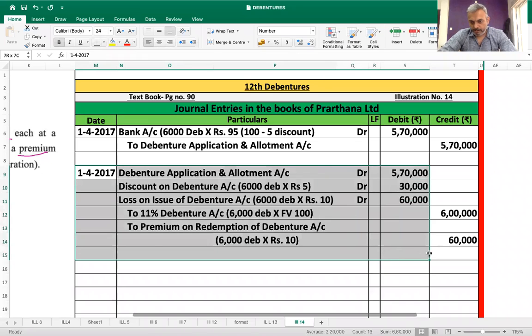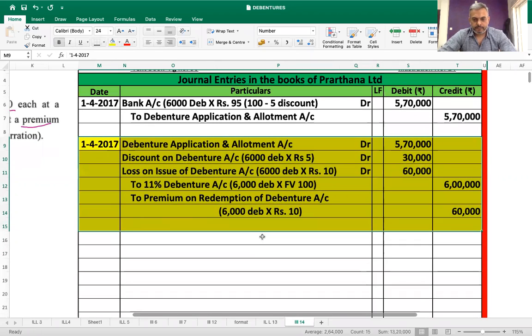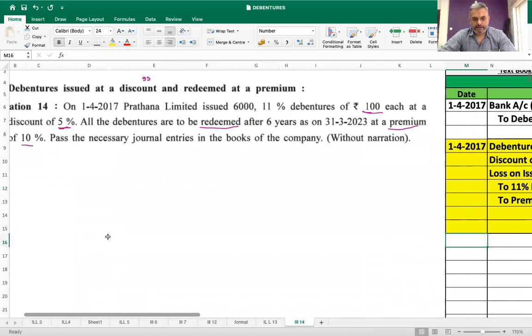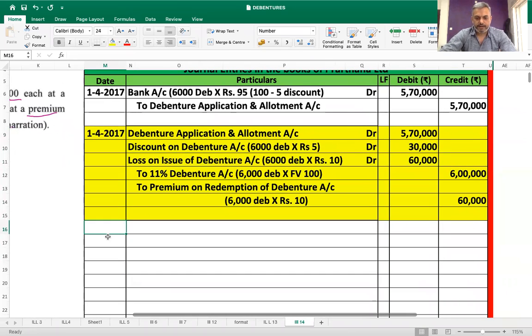Extremely important transaction. The second entry is extremely important. Now, redemption at the time of redemption, that is 31/3/2023.